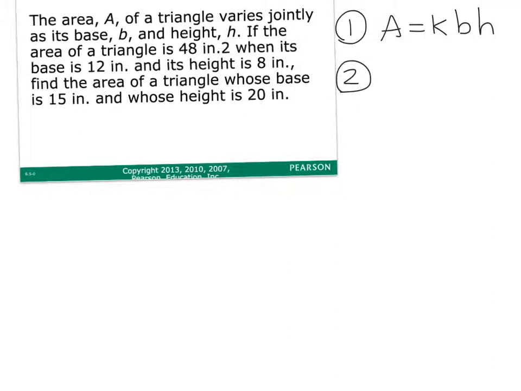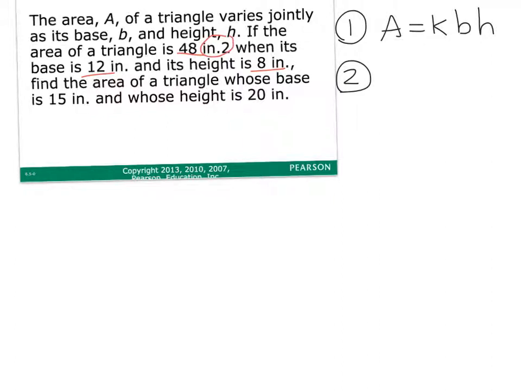Now they should give us some numbers, so let's see what numbers they give us. If the area of a triangle is 48 square inches when its base is 12 inches and its height is 8 inches, find the area of the triangle whose base is 15 inches and whose height is 12. Sorry about this label. This is supposed to say squared inches there.